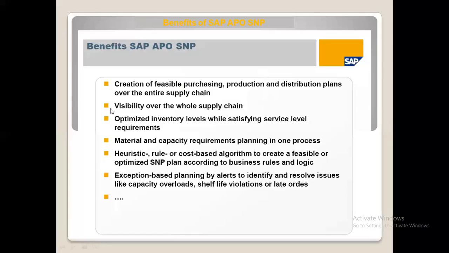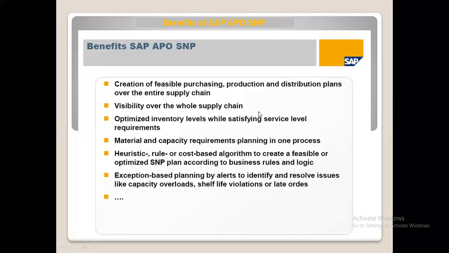Benefits: creation of feasible purchasing, production, and distribution plans over the entire supply chain. It's nothing but planning, deployment, TLB. Okay, visibility over the whole supply chain. Integrated demand planning scheme.